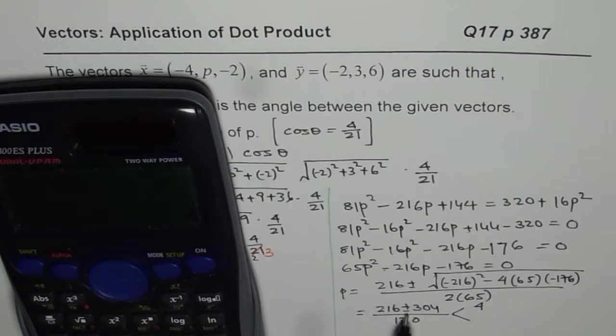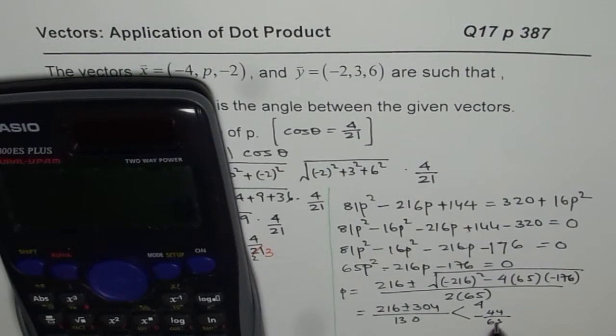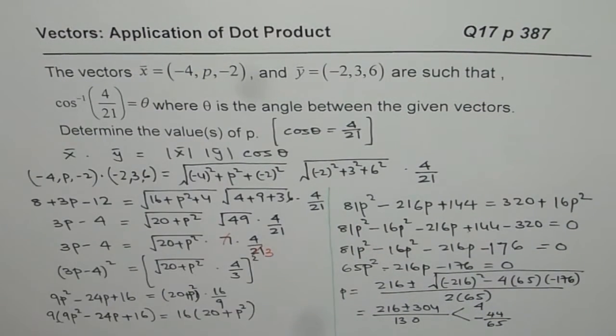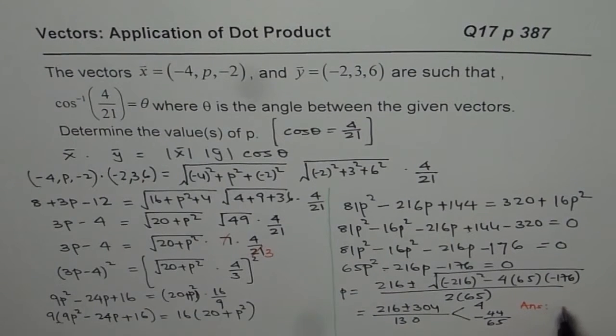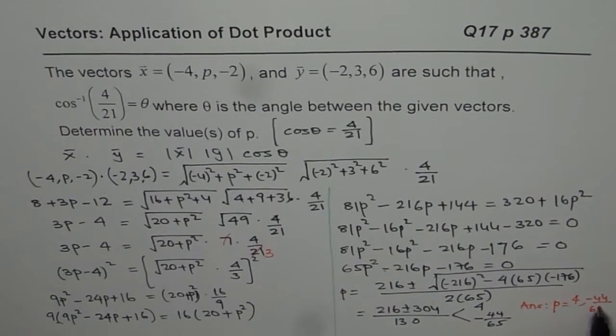For the other, we take away 304, so that will be a negative answer: 216 minus 304 divided by 130 gives minus 44 over 65. So you can see we have two possible values of p, and our answer is p equals 4 or p equals minus 44 over 65.